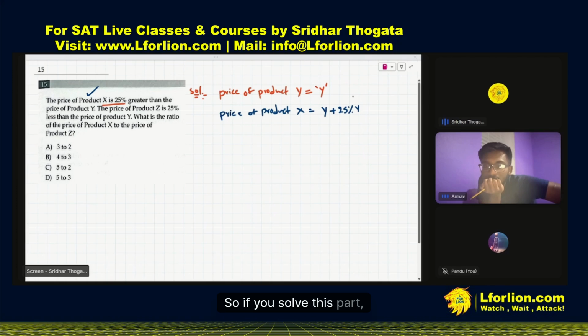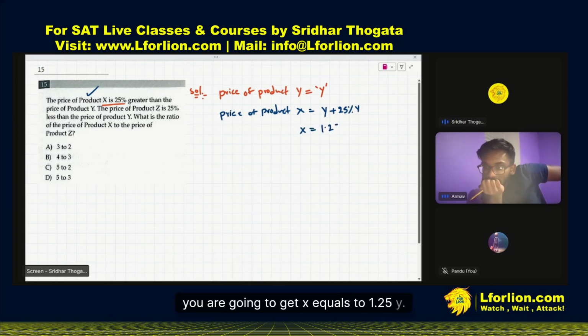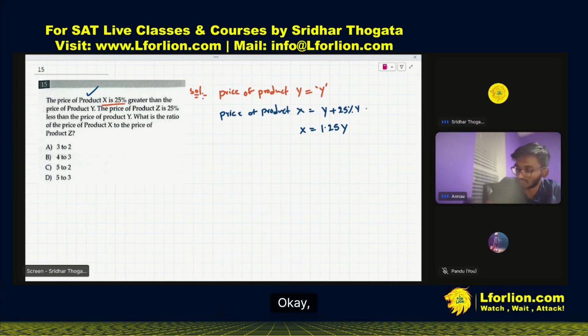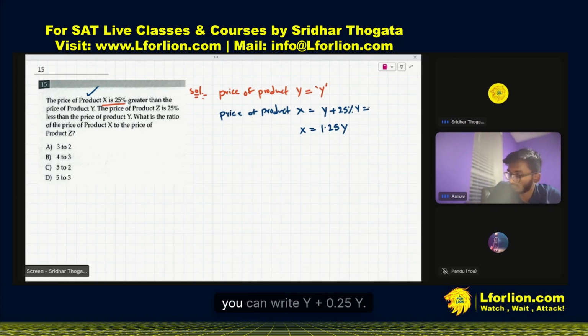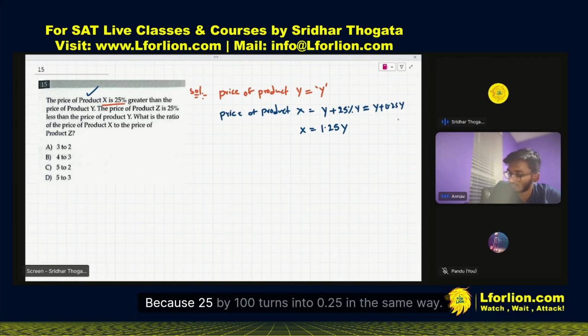So if you solve this part, you are going to get X equals 1.25 Y. You can write Y plus 0.25 Y because 25 by 100 turns into 0.25.